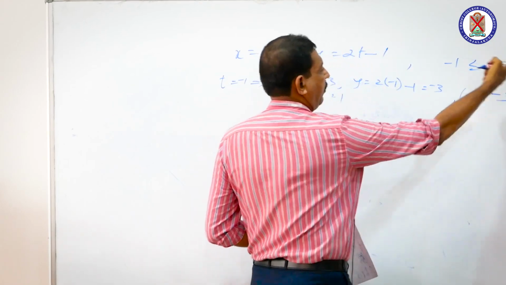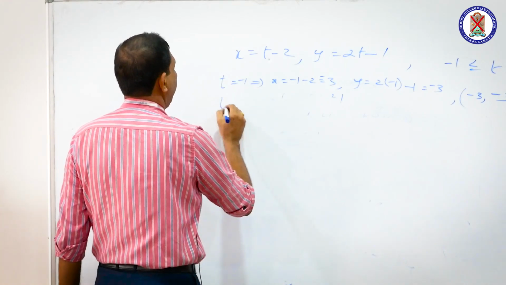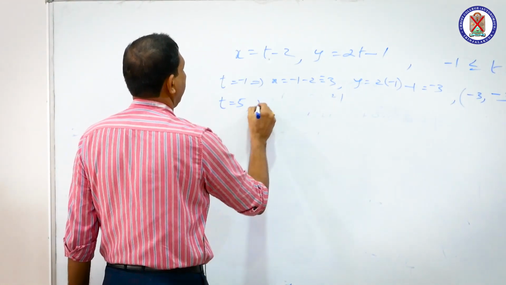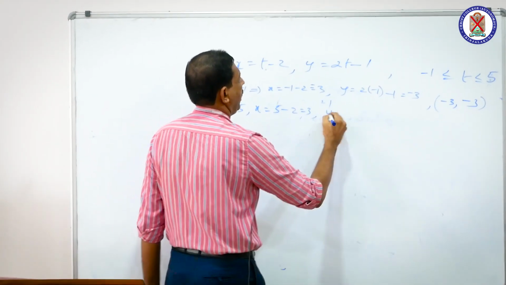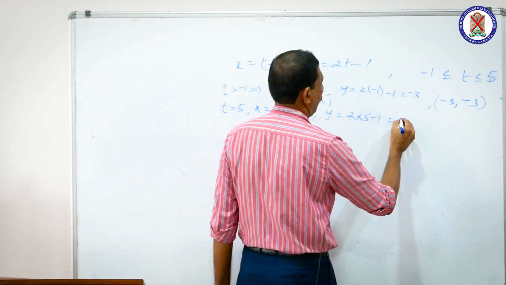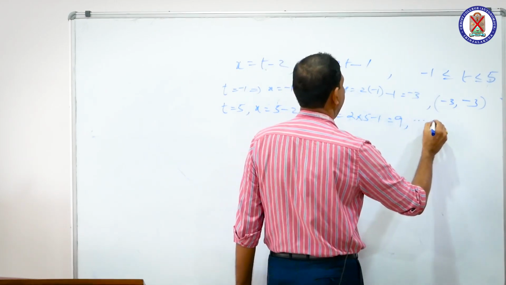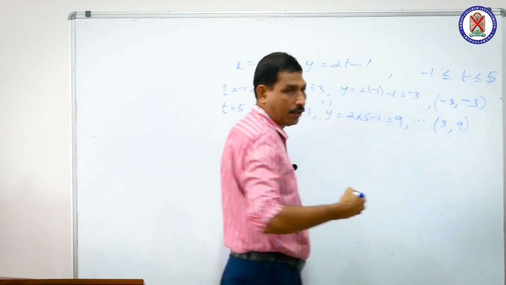And the terminal point will be obtained from t equal to 5. When t equal to 5, we get x is equal to 5 minus 2, that is 3, y equal to 2 into 5 minus 1, that is 10 minus 1, that is 9. The terminal point becomes 3, 9.